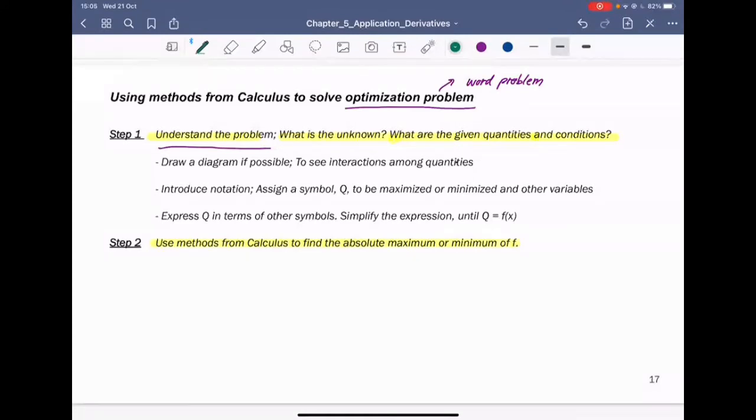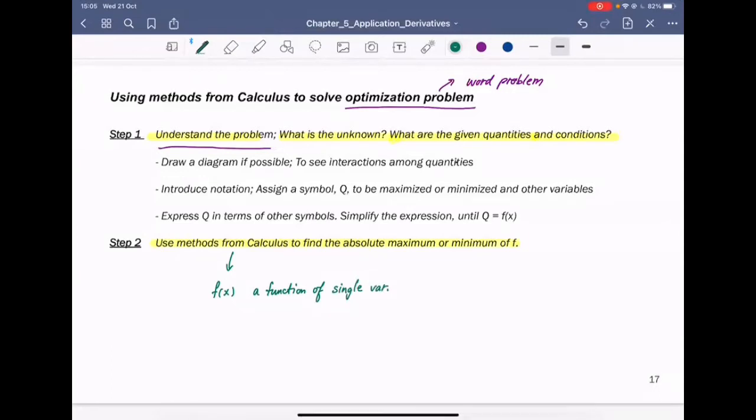So in order to maximize or minimize the function, we're going to use calculus. The method from calculus is, when you have a function f(x), a function of a single variable, you need to make sure that you have a function of a single variable.